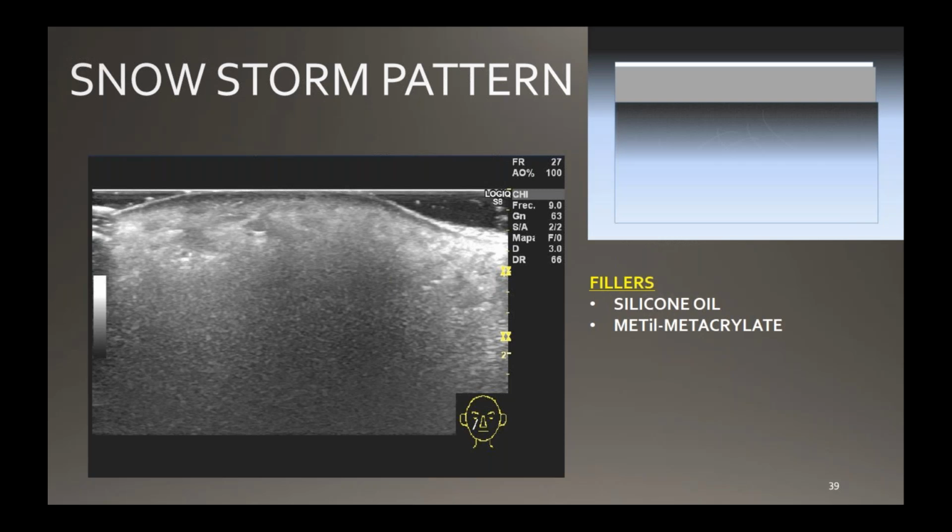Now silicone oil is not permitted in America and Europe, but it's something that we still find in our oldest patients and those who have gone to South America for treatments. Then this snowstorm pattern is quite common, and from a clinical point of view it can sometimes be confused with diseases such as scleroderma or morphea, when in the depth we have this snowstorm pattern. This snowstorm pattern is mandatory to be discarded when we suspect a complication of a filler.